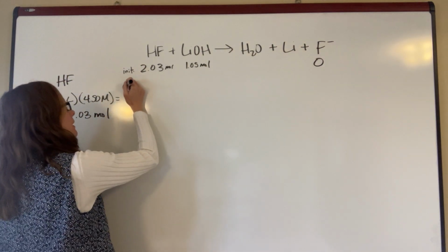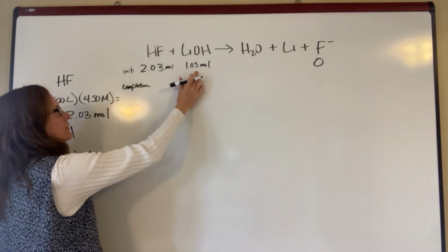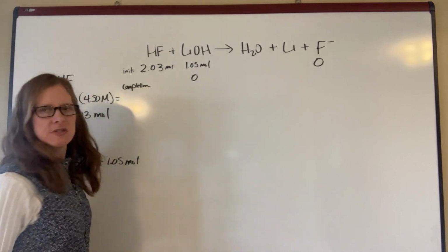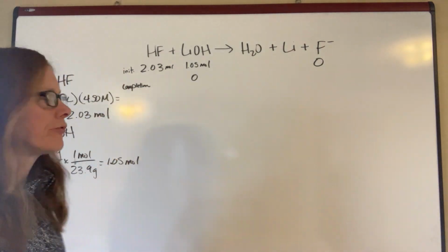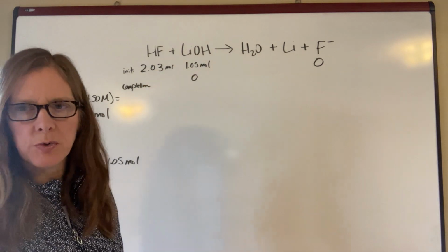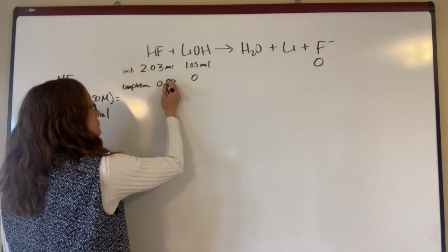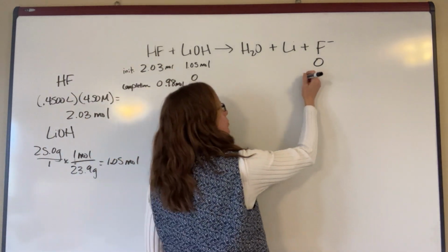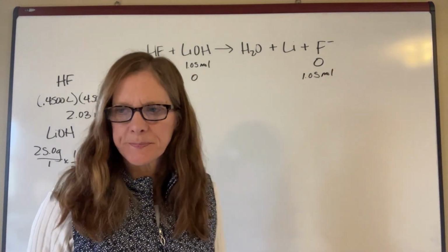But at completion, the lithium hydroxide is my limiting reagent, so I'm going to have nothing left down here. When I subtract 1.05 from 2.03, that's going to give me 0.98 moles left of the acid, and I'm going to have 1.05 moles left of the base.